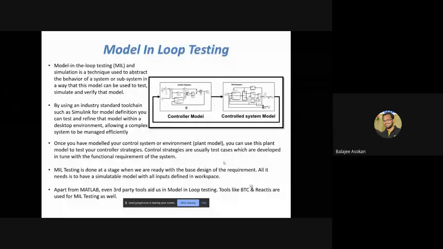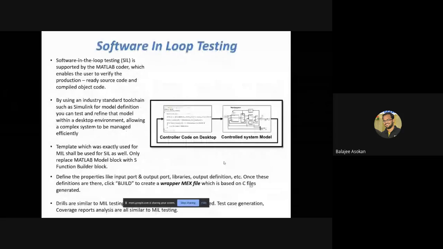The next part is software in loop testing, where I will do a code generation. For the generated final C code, I will develop a wrapper. Tools like Matlab or BTC also do this software in loop validation. So under software in loop validation, a wrapper model is developed, and I will replace my subsystem with this wrapper model.